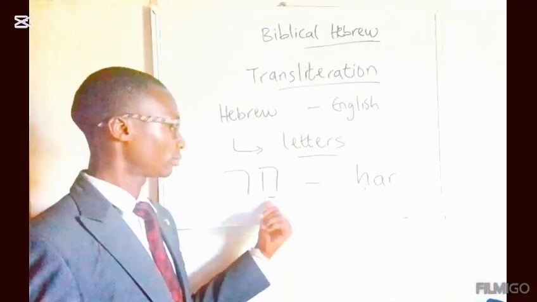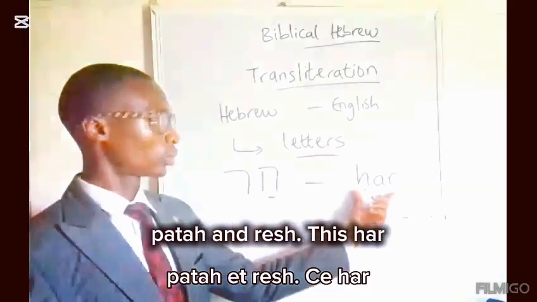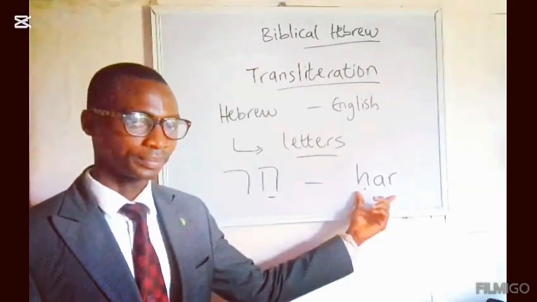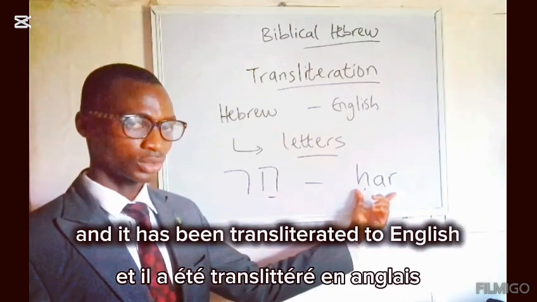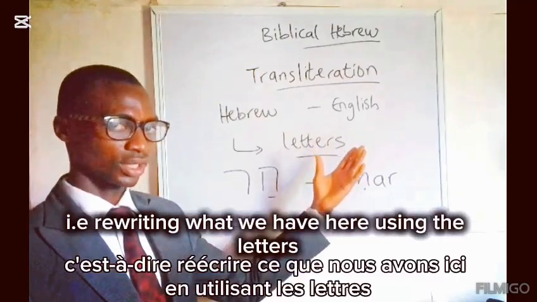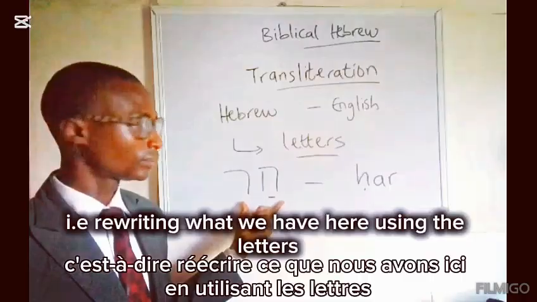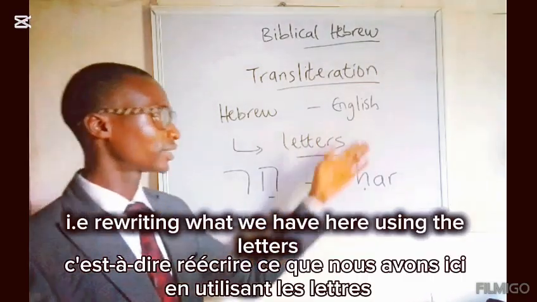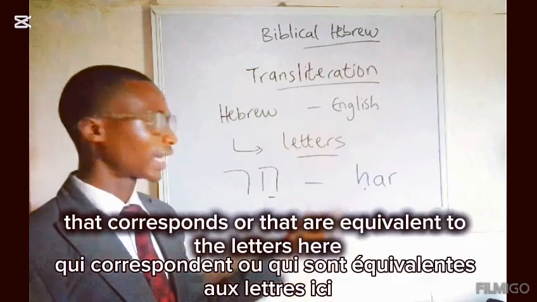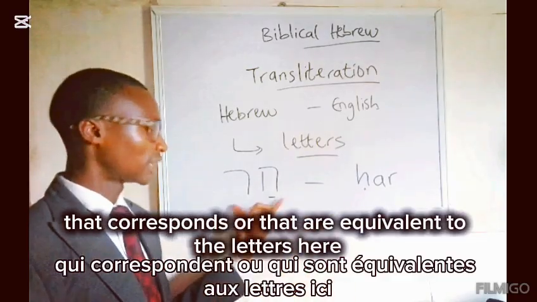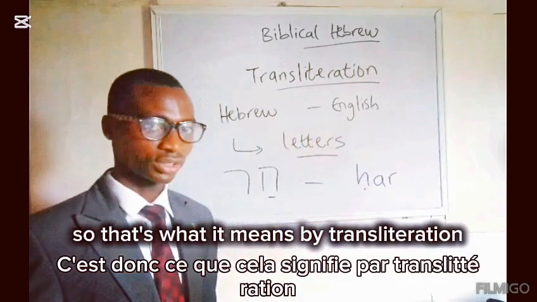So this is ha, and it has been transliterated to English, and that was rewriting what we have here using the letters that correspond or are equivalent to the letters here. So that's what is meant by transliteration.